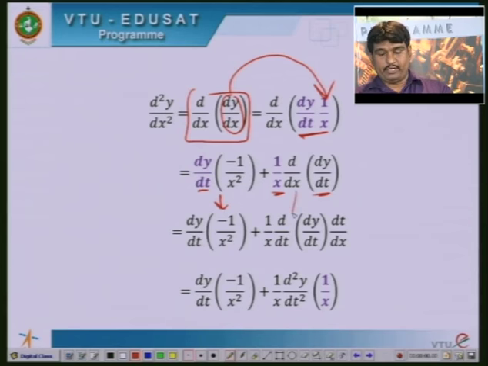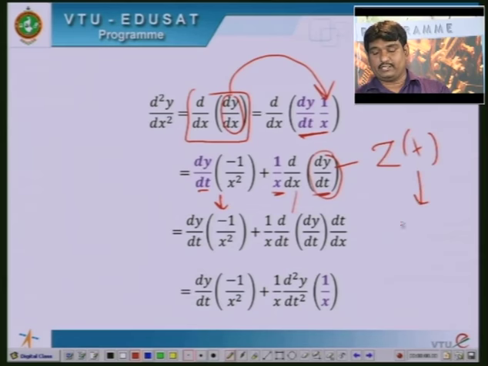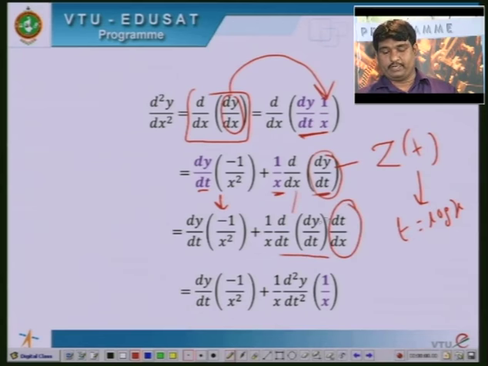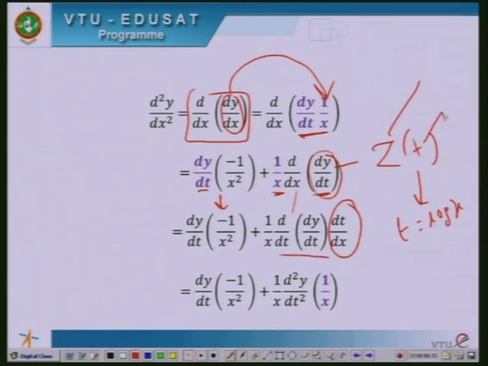d by dx of dy by dt. Here dy by dt is like z, which is a function of t, and t is internally a function of x, t equals log x. So the same chain rule you have to apply. d by dx of dy by dt is equivalent to d by dt of dy by dt into dt by dx. First differentiate z with respect to t and then t with respect to x.